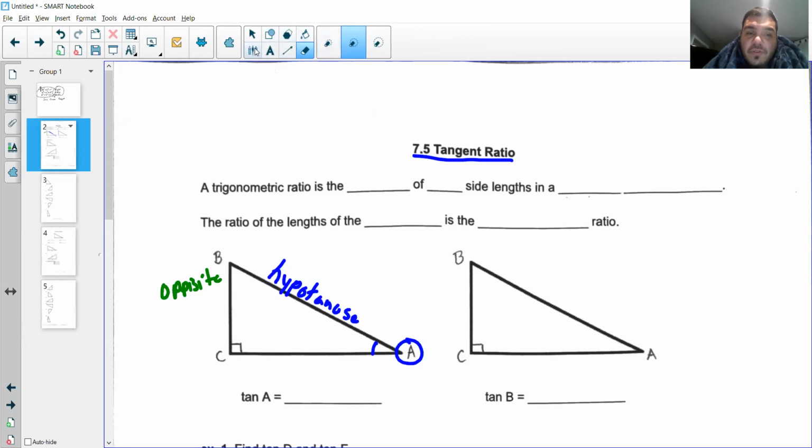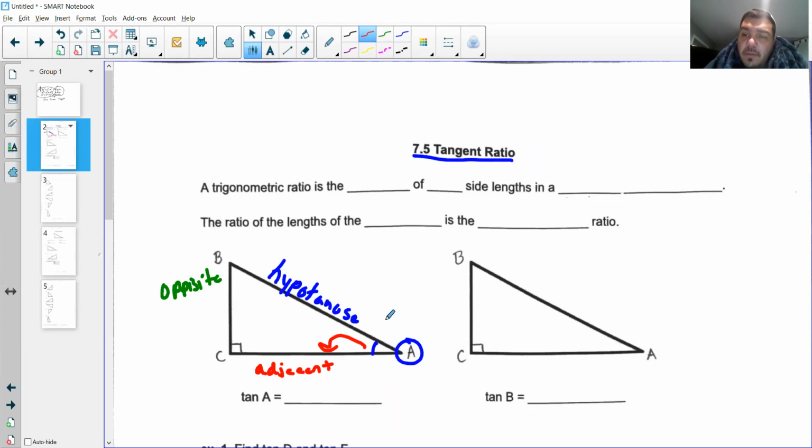What's something that's relatively new today? The word is not new, but how we use it is new. We're going to talk about the angle and the side next to it that's not the hypotenuse. So this is important. It is not the hypotenuse. It's the other leg. We're going to call this side adjacent. By definition, adjacent means next to.